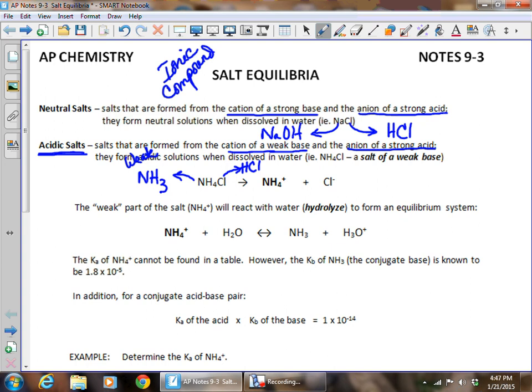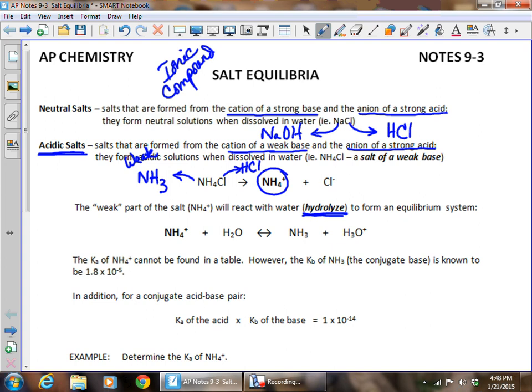What happens is that when we dissolve this in water, water will attack the part that's from the weak parent, in this case, weak parent base. So water is going to attack the NH4 plus. We call it hydrolysis. It's going to hydrolyze that NH4 plus.